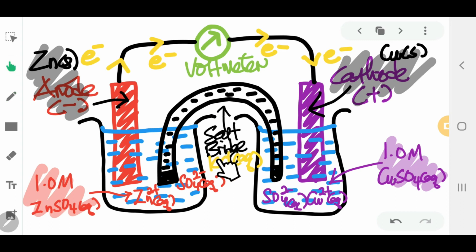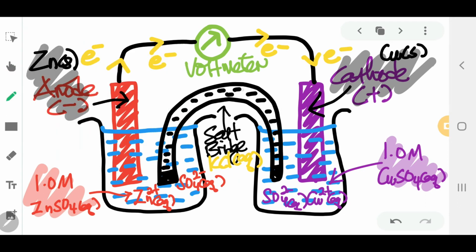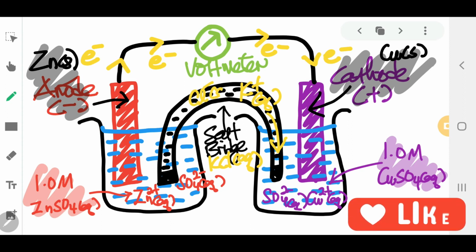And the K+ aqueous will go to that direction, and the Cl- aqueous will go to that direction.